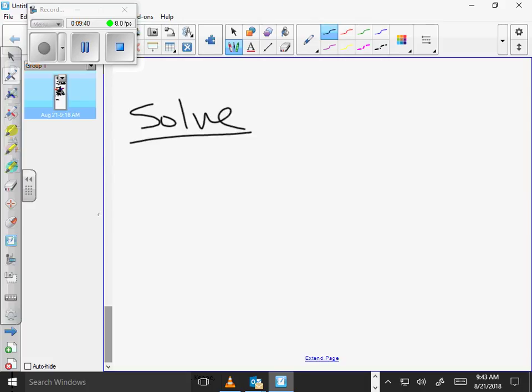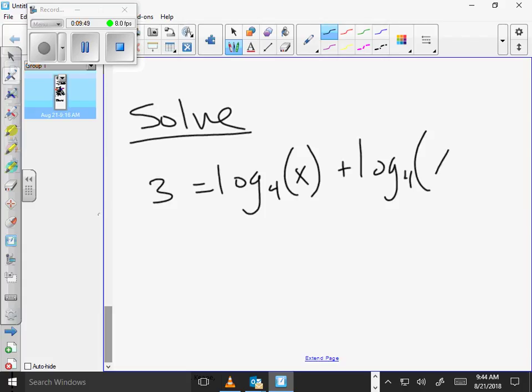Solve. 3 equals log 4 of x plus log 4 of x minus 12. Okay, Catalina, any thoughts on how I go about solving? Which property would be good to use here?